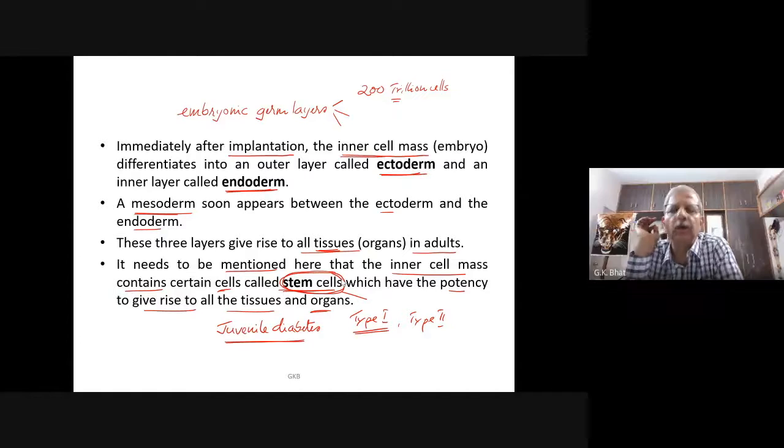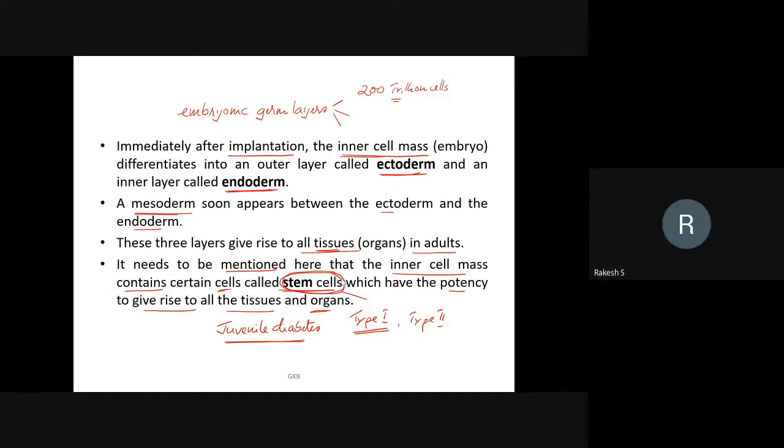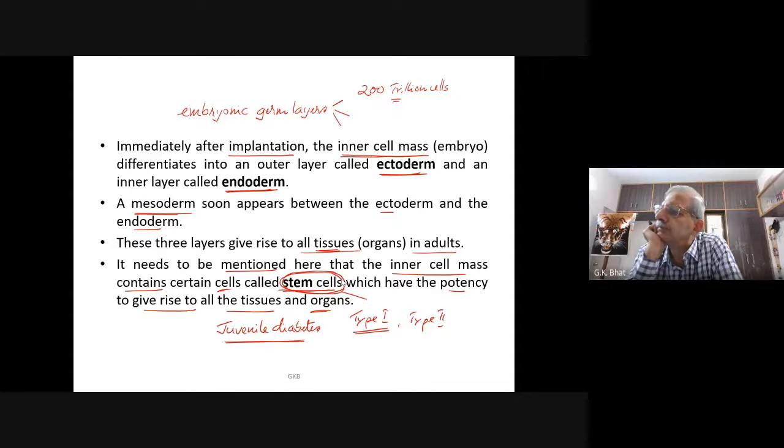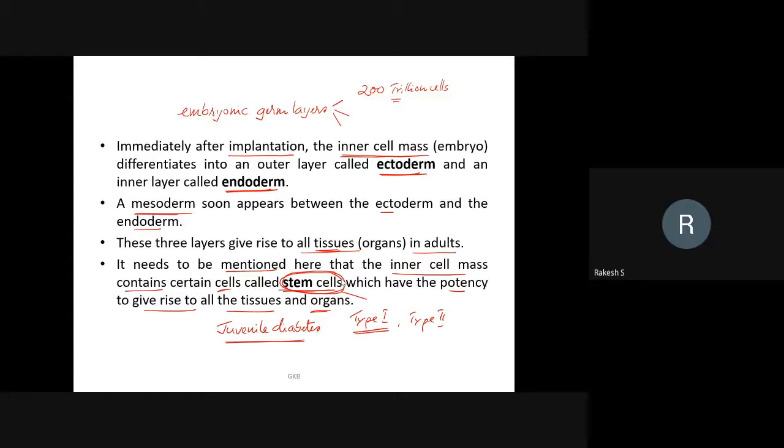Yes, sir. Okay. Now, you tell me, Rakesh, what are the endodermal derivatives? Endodermal derivatives are pancreas, thymus, and then the liver, and then the lining of the respiratory system, and then urethra, and then the urinary bladder.